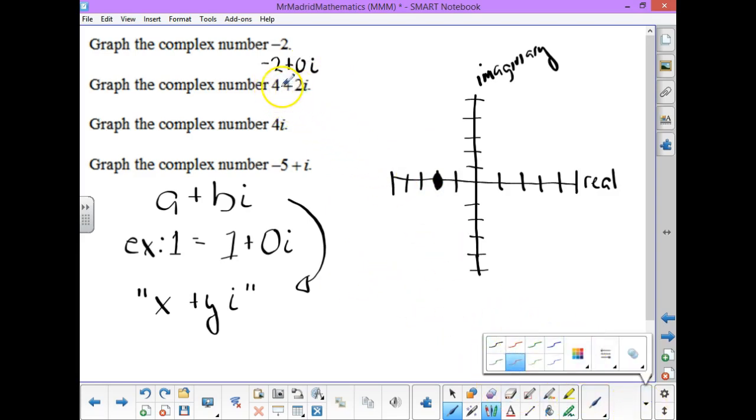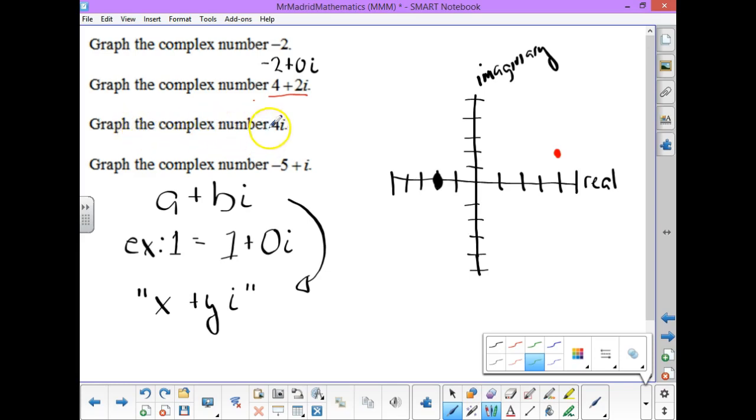Now this one's already in that form. It's 4 along the real axis, 1, 2, 3, 4, and then 2 up on the imaginary axis, 1, 2. So there's that point. Let's go green.